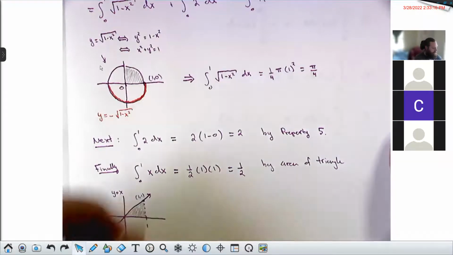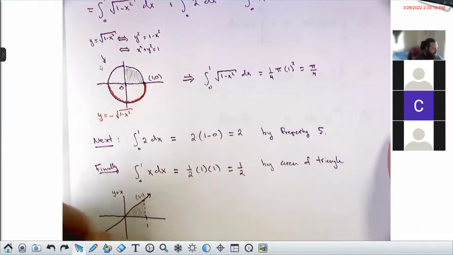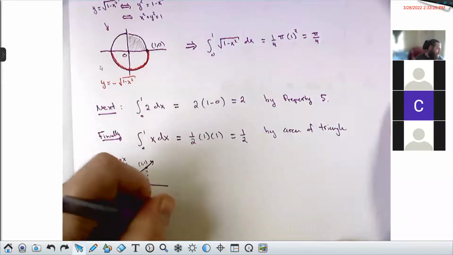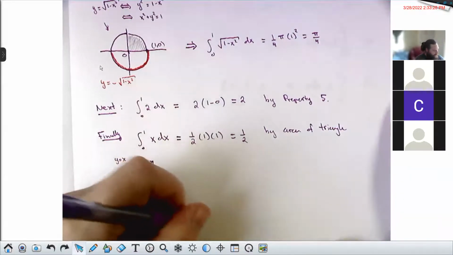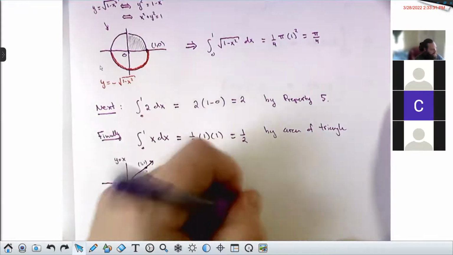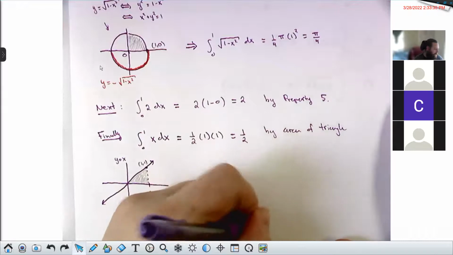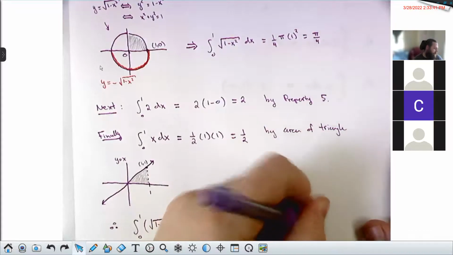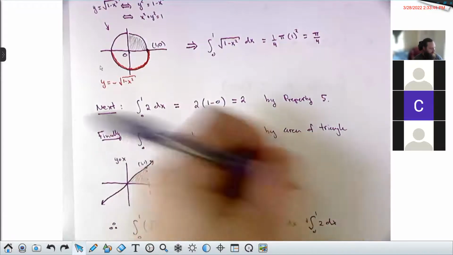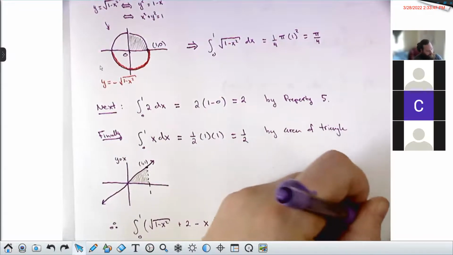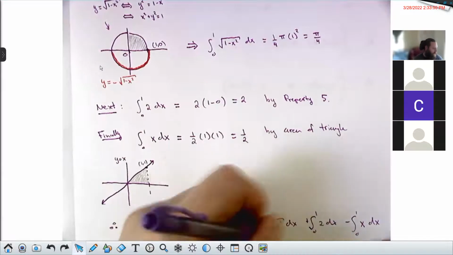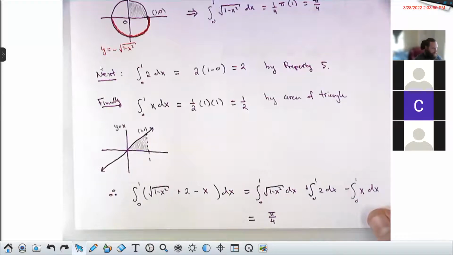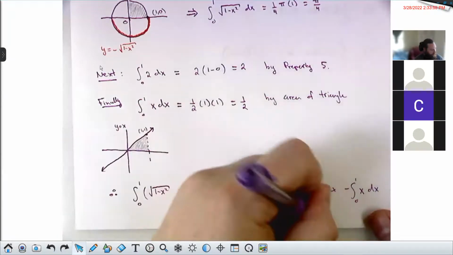So I've got all 3 pieces. We can say, therefore, the integral I want, integral 0 to 1 of radical 1 minus x squared plus 2 minus x dx is, like we said before, integral 0 to 1 radical 1 minus x squared dx plus integral 0 to 1 of 2 dx minus integral 0 to 1 of x dx, which was pi over 4 plus 2 minus 1/2.